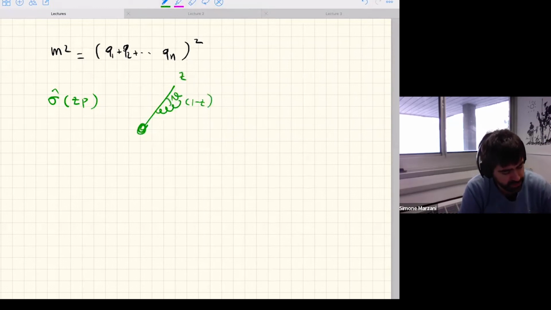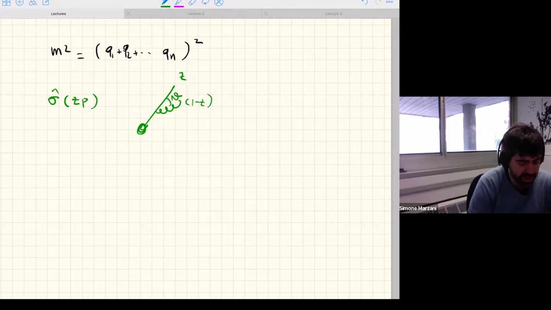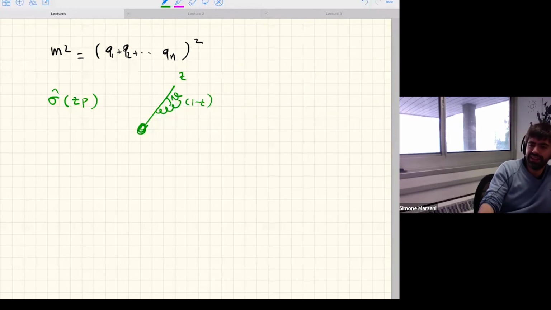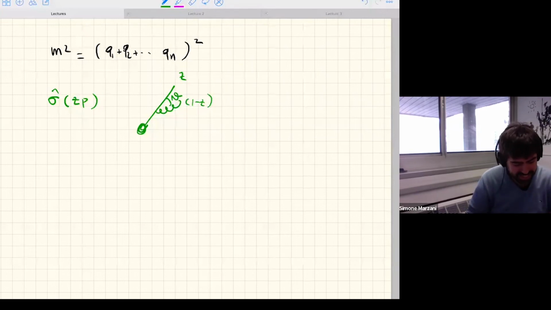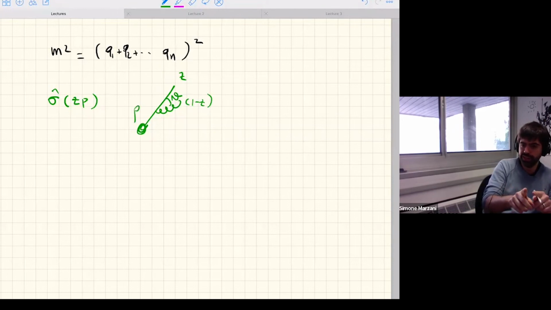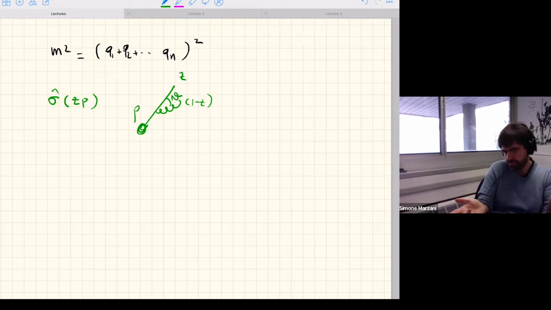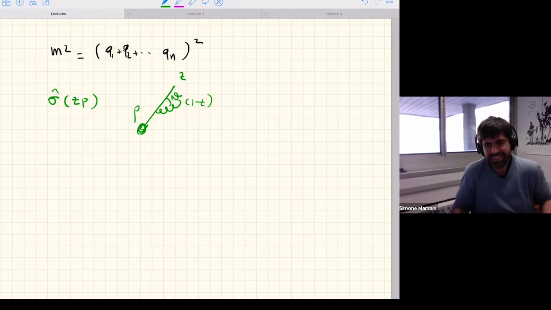Now, the way we define the partonic cross-section is that regardless of how collinear this gluon is, the momentum that enters the hard interaction is always z times P. So even if the gluon and the quark go very collinear, you don't take the sum of zP plus (1 minus z)P, which would give you P. You always have z. So the way the parton model is built is not IRC safe, but that's the best way we can do.